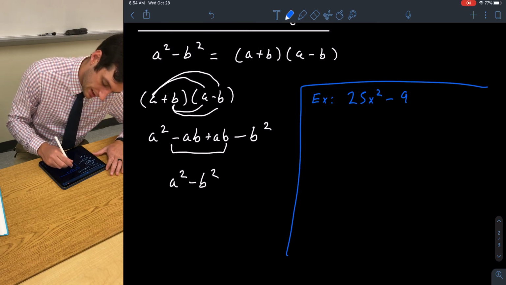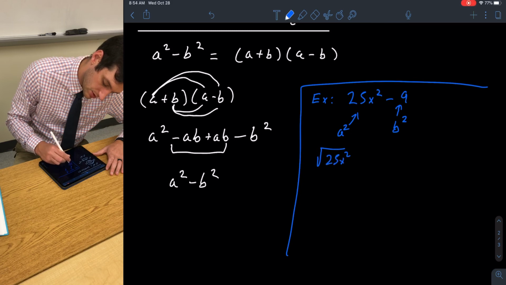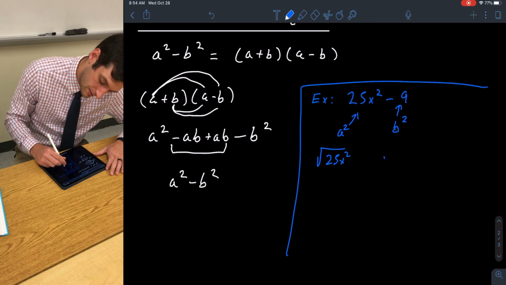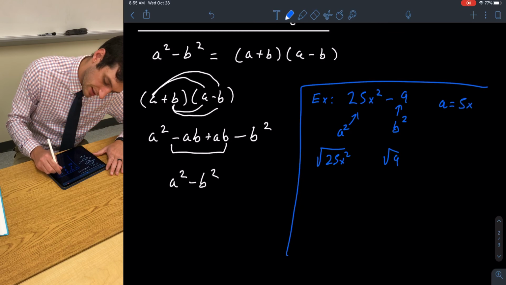What is a? Well, we know that a squared is equal to 25x squared, and b squared is equal to 9. So we take the square root of 25x squared, and then the square root of 9, and we get that a equals 5x, and b is equal to 3.